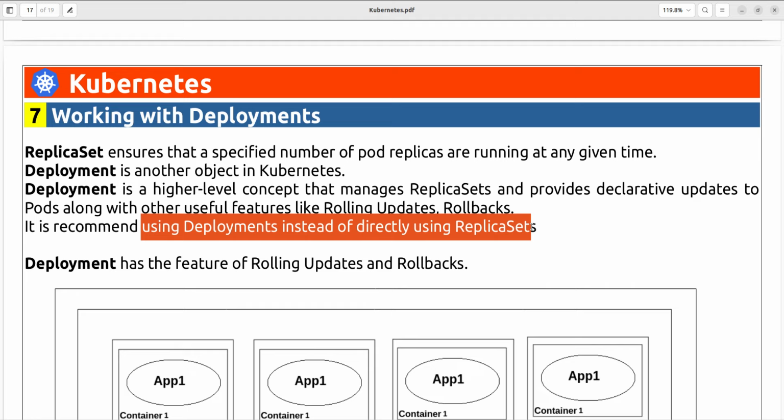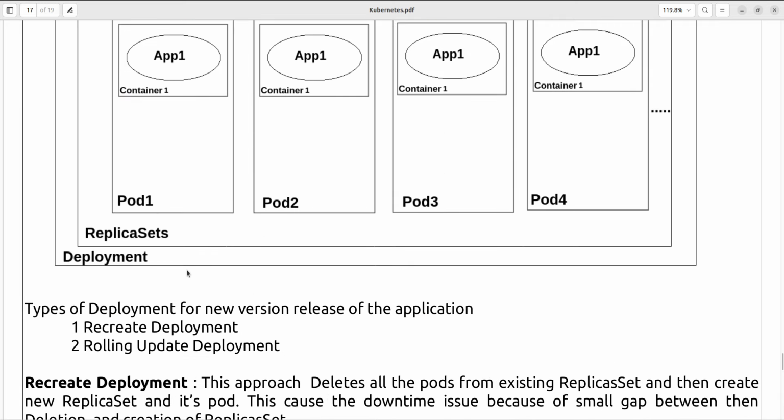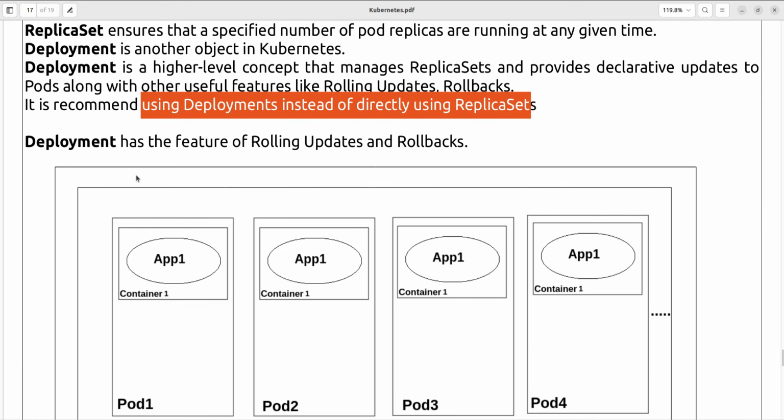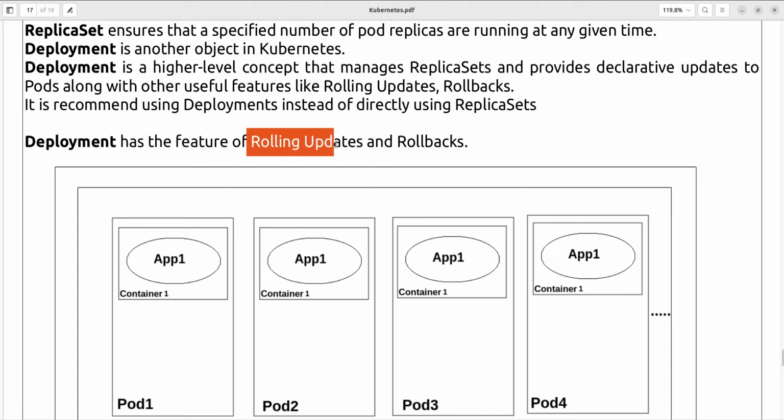With zero downtime you can update your application. Even if you want to downgrade, you can do it. You want to scale, you can do it very easily with zero downtime. Deployment has two features, that is, one is rolling update and the other is rollback.